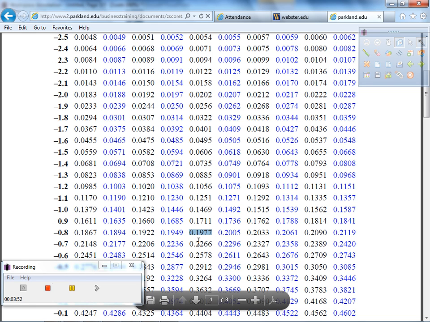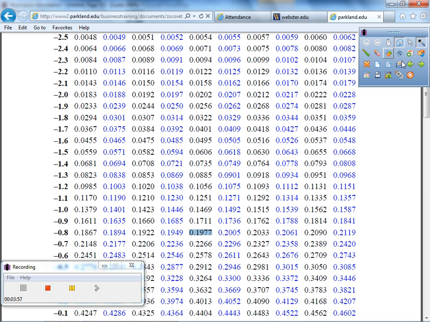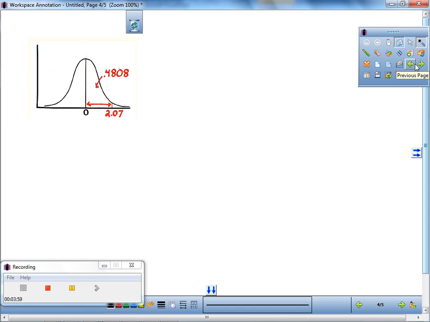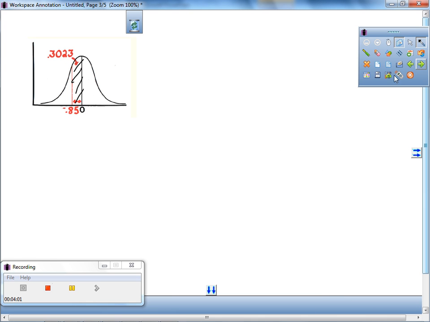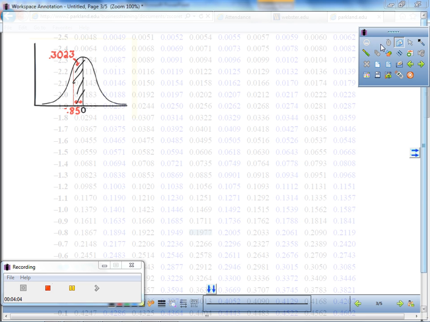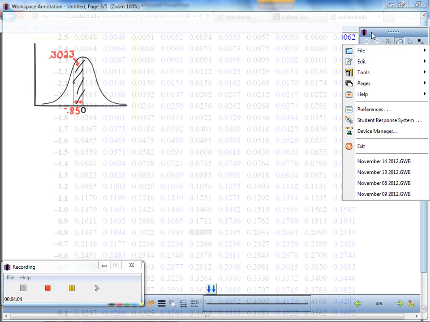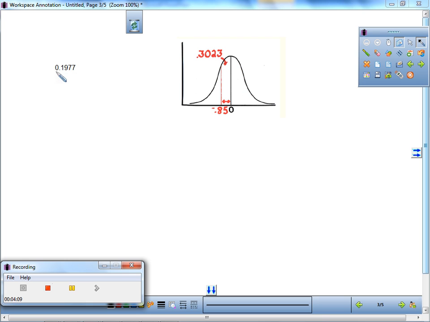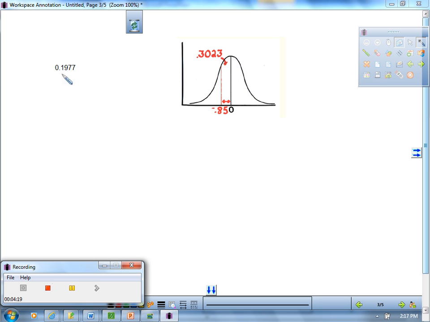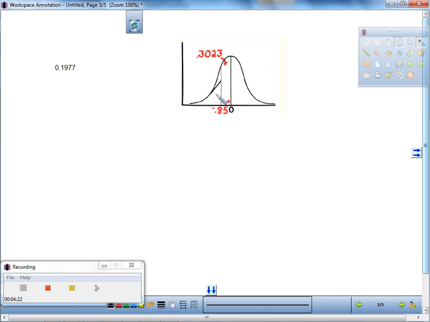So we get 0.1977. We looked that up in the z-table. Again, it's not matching up, because that 0.1977 tells us all of this area. Well, that's not what we're wanting.